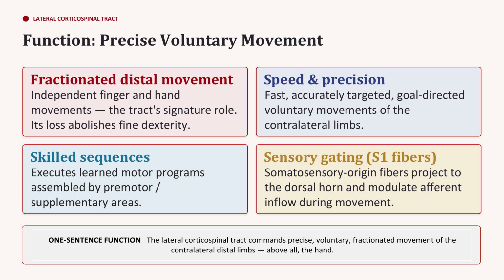It provides speed and precision for goal-directed limb movement, and it executes the skilled motor sequences that the premotor and supplementary motor areas assemble. Do not forget the somatosensory contribution. Those S1 origin fibers projecting to the dorsal horn let the motor system preset sensory gain during movement, so you are not distracted by the predictable feedback your own movement generates. If you remember one sentence, remember the maroon banner: precise, voluntary, fractionated movement of the contralateral distal limbs, especially the hand. Everything about the corticospinal lesion is the negative image of that sentence.